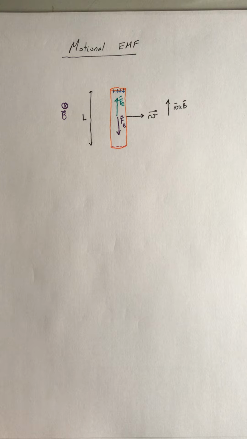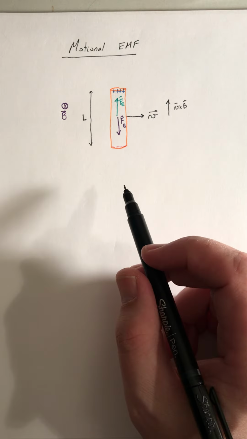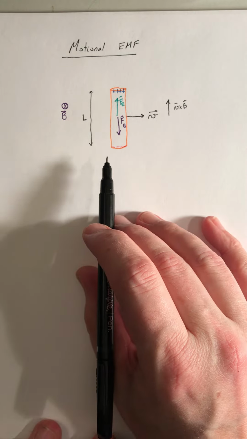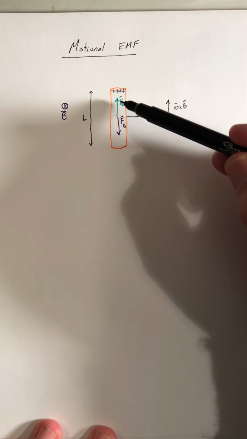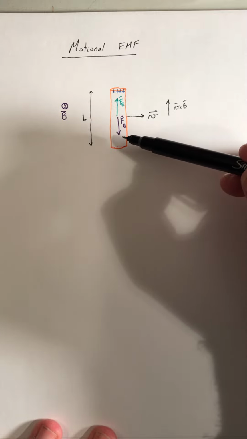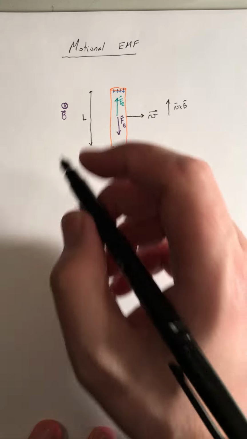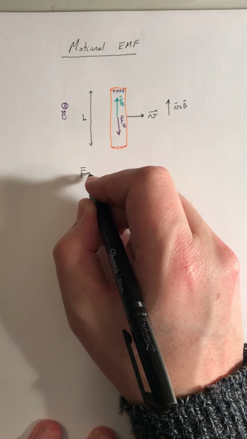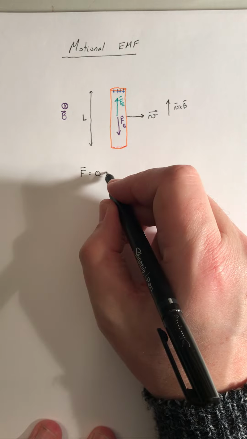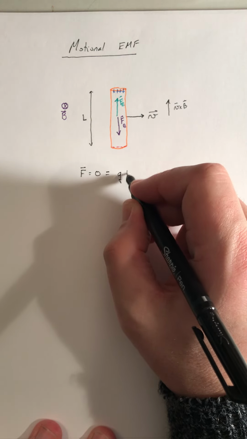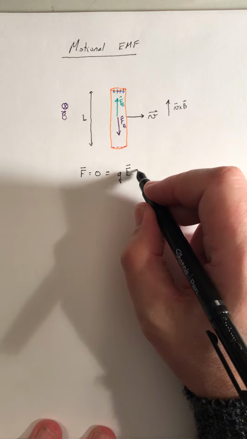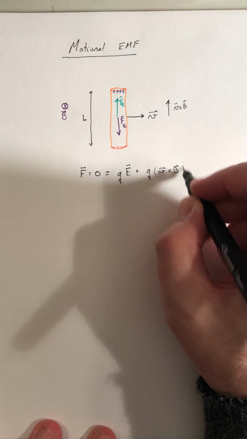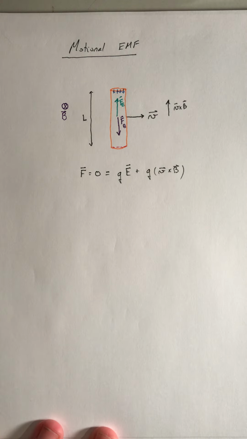So think about how big that electric field is going to be. When the Coulomb force is balancing out the magnetic force, we'll have a net force of 0, which is made up of the part Q times the electric field plus Q V cross B for the magnetic force.